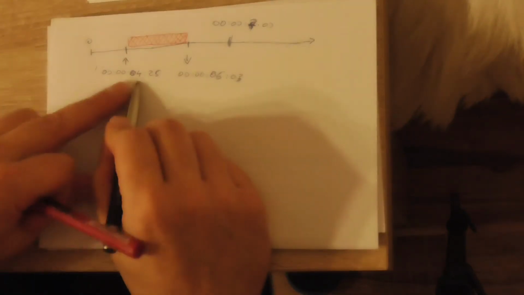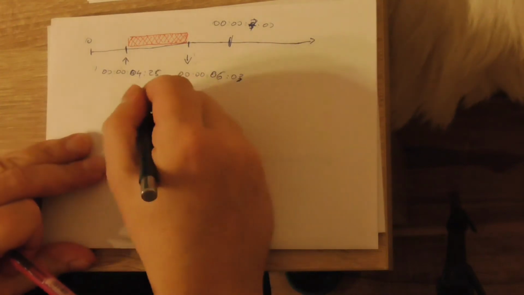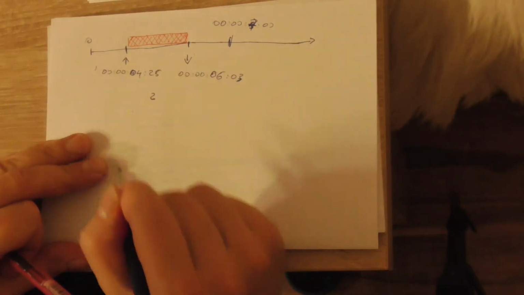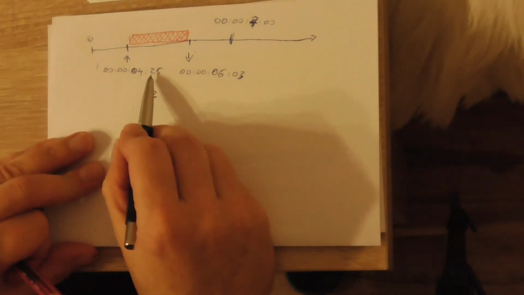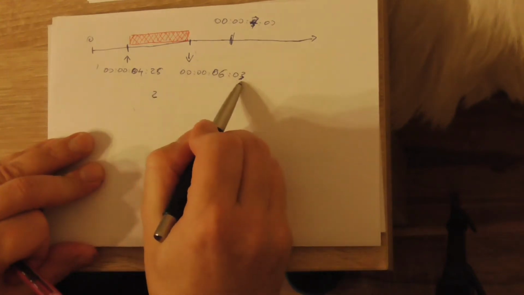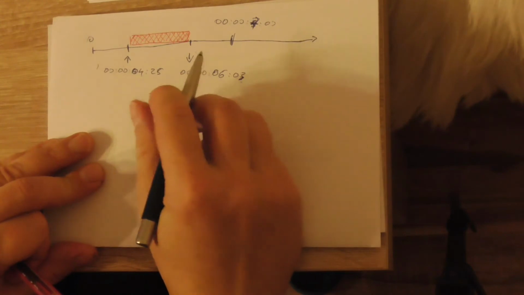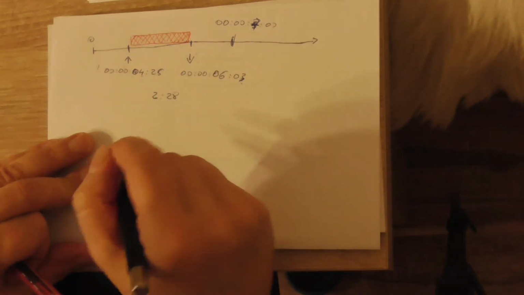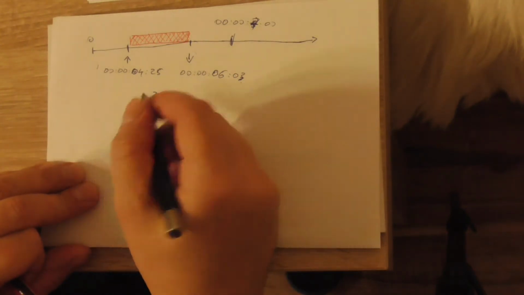From 4 seconds to 6 seconds, it's 2 seconds, and 25 frames plus 3, it's 28 frames. 28 frames.